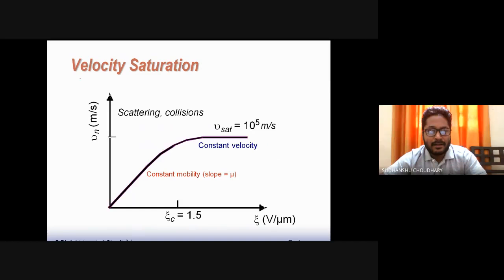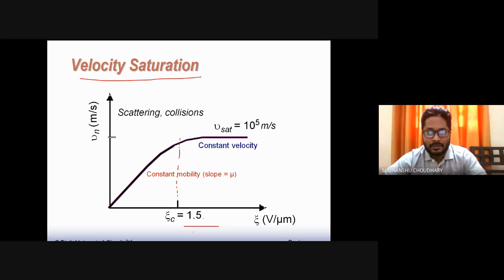Then this velocity saturation happens at a critical electric field between drain and source, if a critical electric field of somewhere around 1.5 volts per micrometer is achieved. This generally happens only in short channel devices.